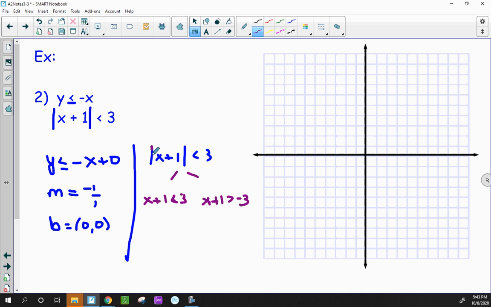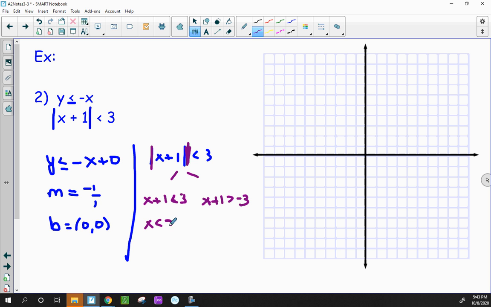So when you see absolute value bars around a problem and you're trying to graph it, if it's an inequality, you have to set up two questions. The first question is going to look identical to this one, except you're going to leave off the bars. And the second problem you're going to get from changing the symbol, this is the symbol, and the sign of the last number. And then all you have to do is solve for x, because I don't see a y here.